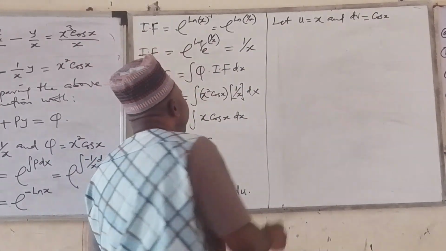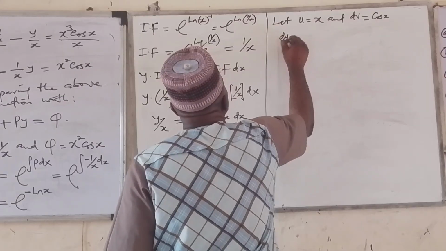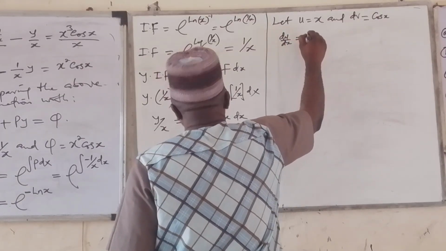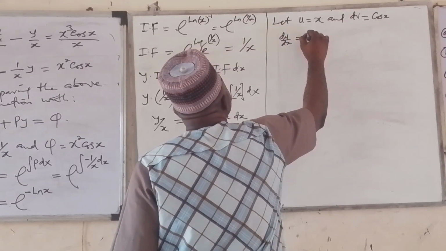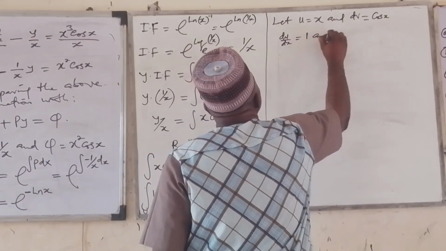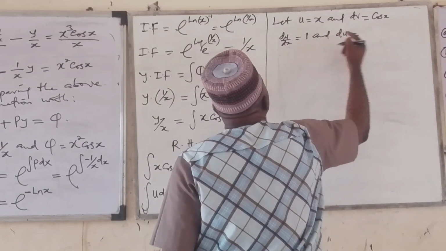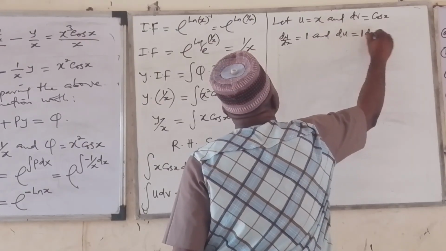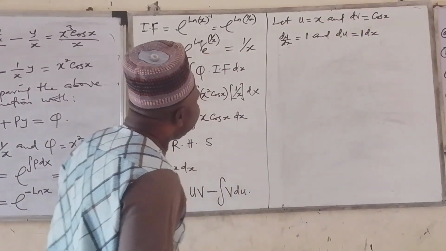If u is equal to x, it means du all over dx will be equal to 1, so du will be equal to 1 dx.